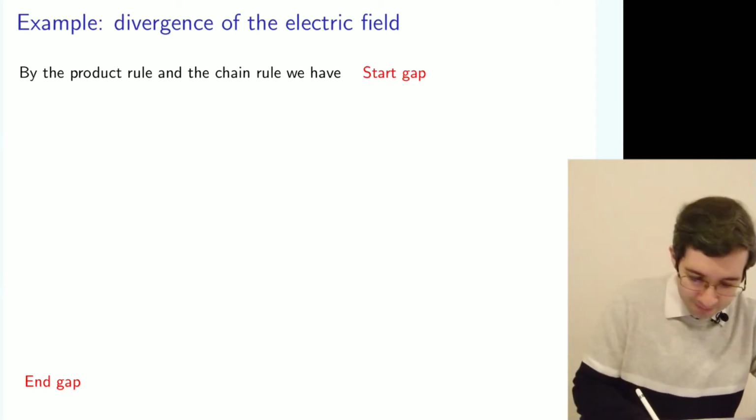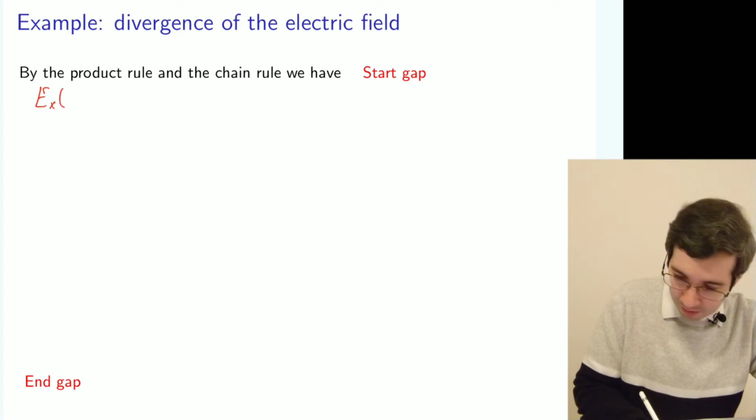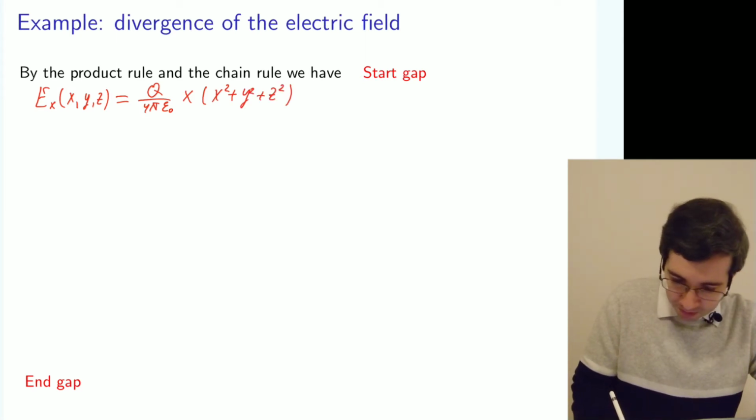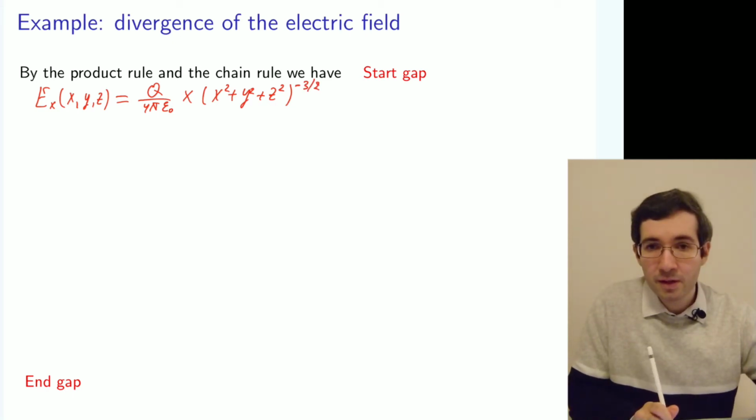So we have the first component, the component Ex of x, y, z, which is q over 4 pi epsilon naught times x multiplied by x squared plus y squared plus z squared to the power of minus 3 over 2.